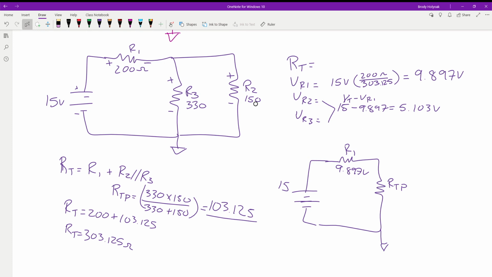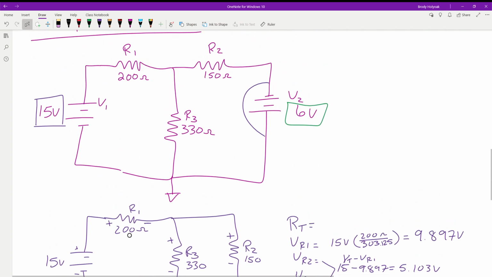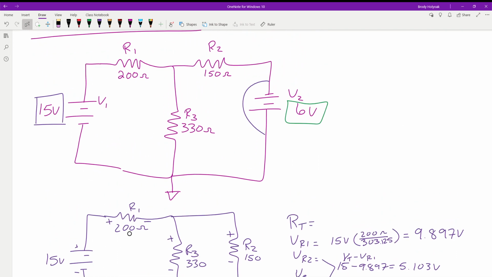We have R2, R3, and R1. The first thing we're going to do is take those values, go back to our original circuit, and put them on their resistors with their respective polarities. So in this case, we have a plus to minus, and a plus to minus. On R1, we have 9.897 volts.